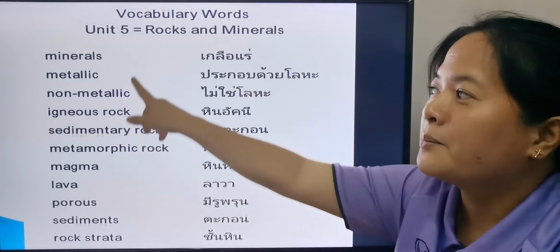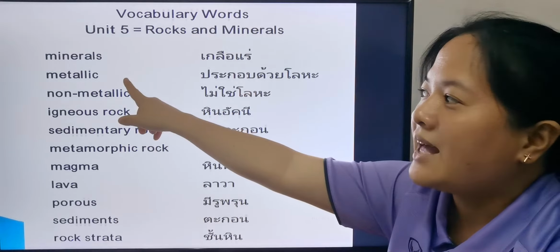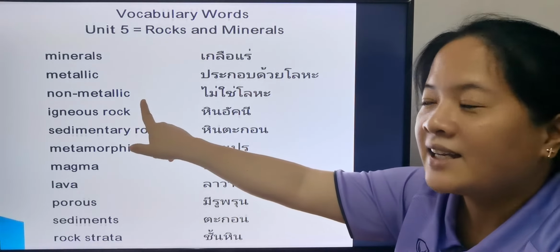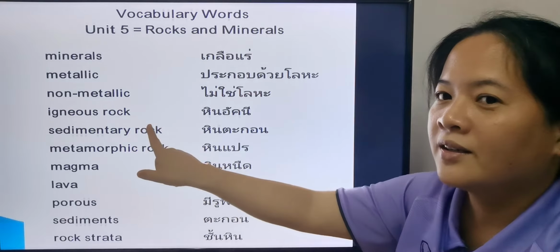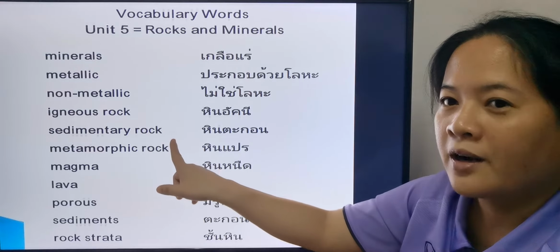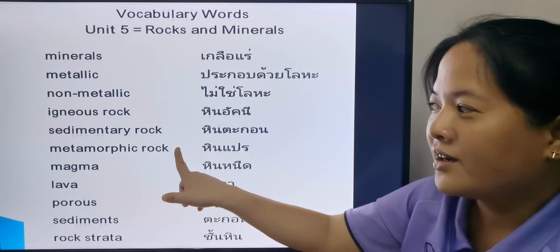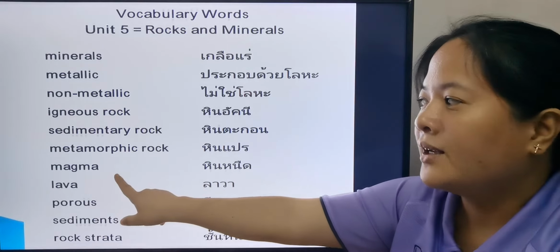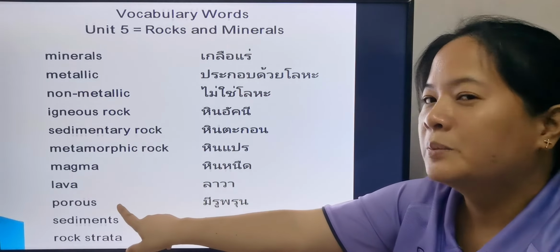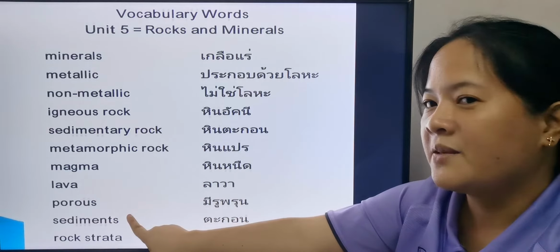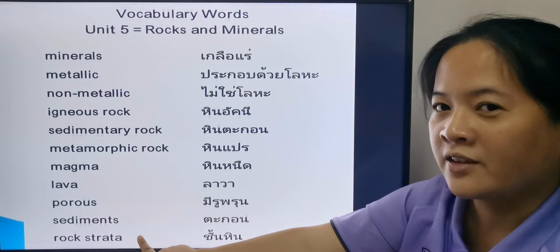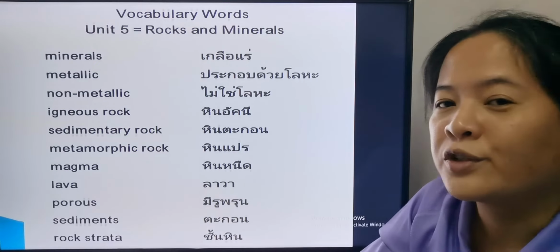One more time. Minerals, metallic, non-metallic, igneous rock, sedimentary rock, metamorphic rock, magma, lava, porous, sediments, and rock strata. So this is for today and for tomorrow.